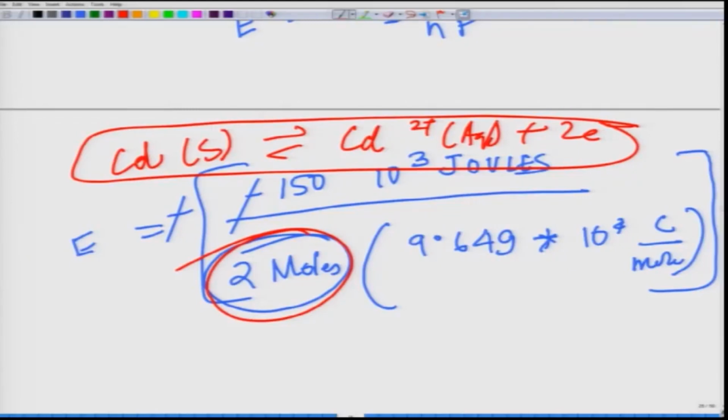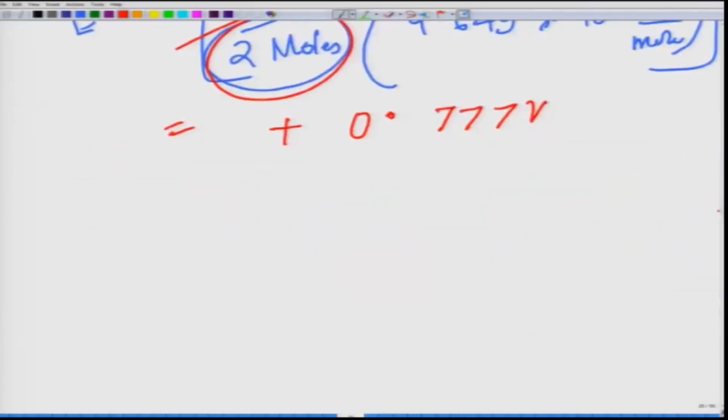So, 2 moles there, minus becomes plus, and as I told you, 150 multiplied by 10 to the power 3, and if you do this whole calculation yourself, you will get plus 0.777 volt.